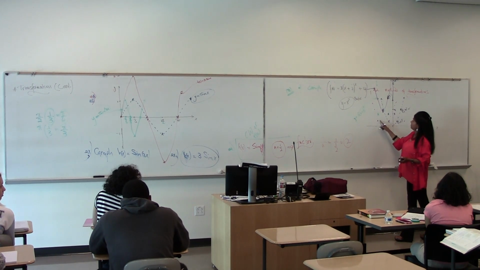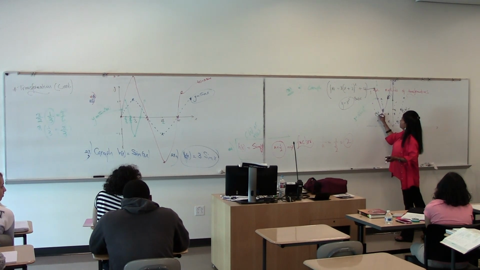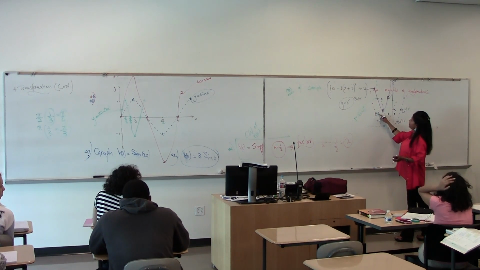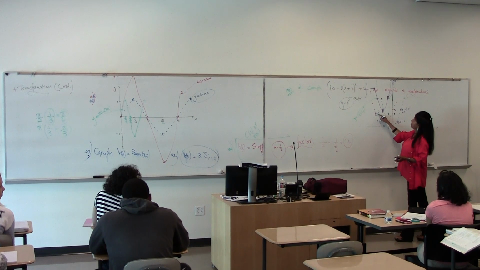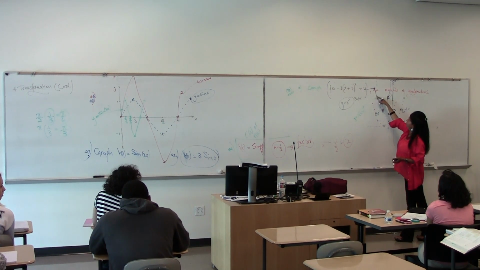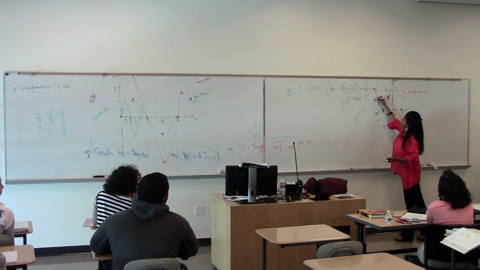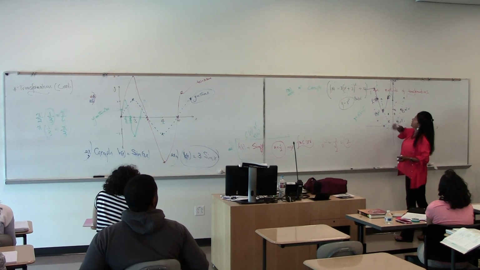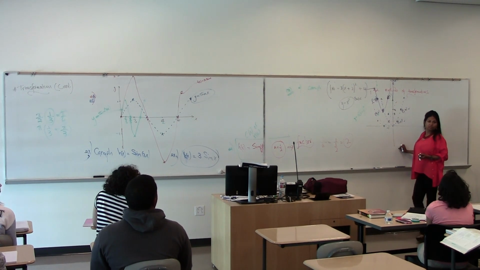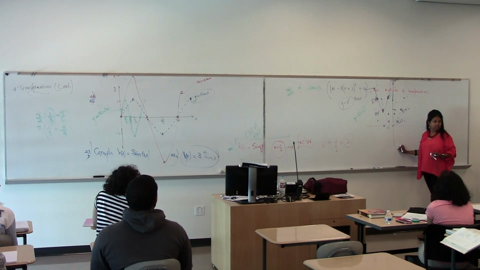Negative 3 and 3. This point is negative 3 and 3. And then move up. So that becomes negative 3 and what? 7. This is negative 3 and 7. That's easier, right guys? Yes.